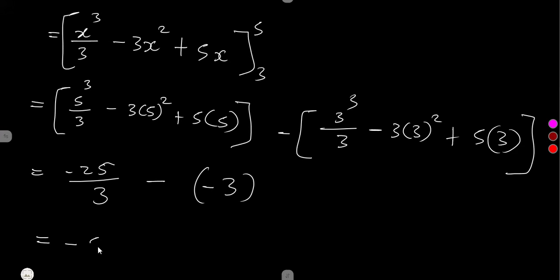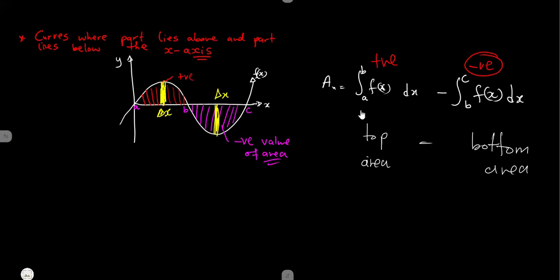So you're going to get minus 5.333. That's a negative area, this one, because of its region. So if you are using this formula with the top area minus the bottom area, you use it as a negative as it is.